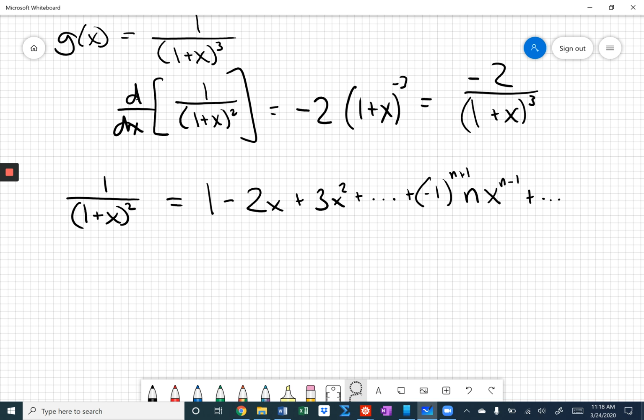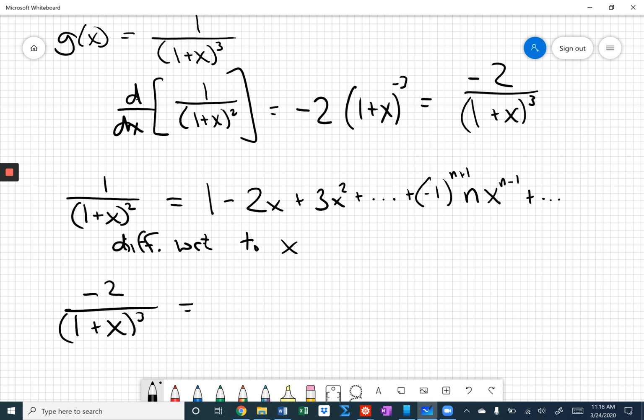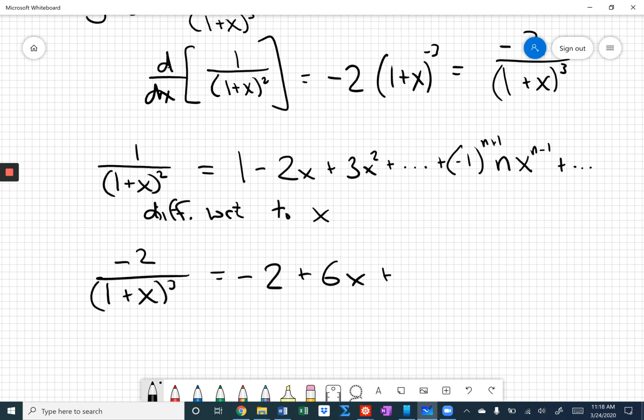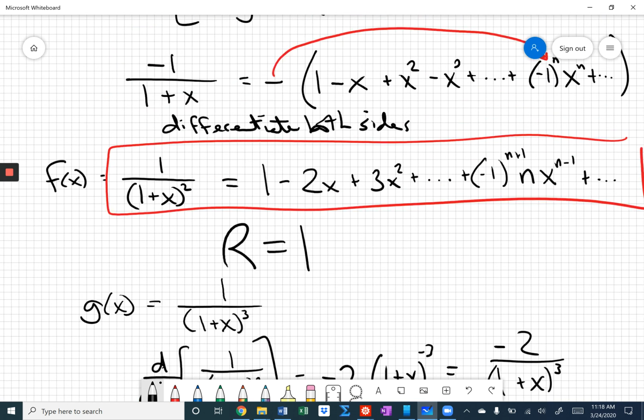All right, so now we're going to differentiate with respect to x right over here. And as we've already shown, this side becomes -2 over 1 plus x quantity cubed. And if I differentiate over here on the right, I end up with -2 plus 6x plus, I don't have that next term offhand. Well, I can go back way up here and see where I can get that next term.